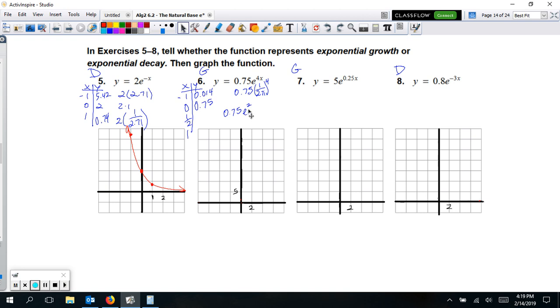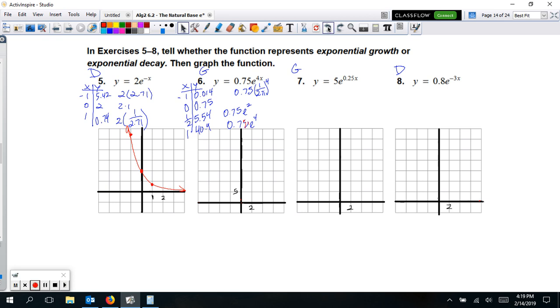There is even actually an e button on the calculator, and you might want to use that to be a little more accurate. Or you could say 2.7 squared and then times it by 0.75. That would give us this decimal, 5.54. And then our last one, if I plug in 1, that's going to be just to the 4th power now instead of the 2nd power. So e to the 4th power, then times it by 0.75 again, would give us 40.9. This is 40.9 here.